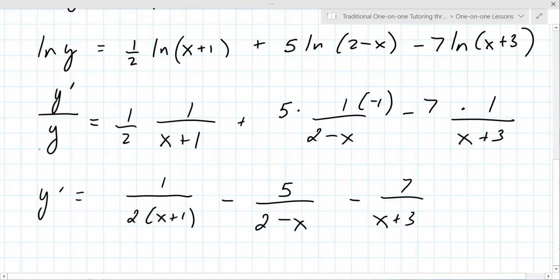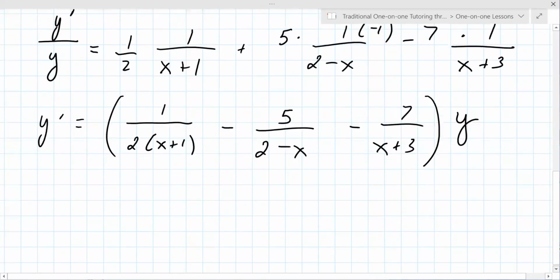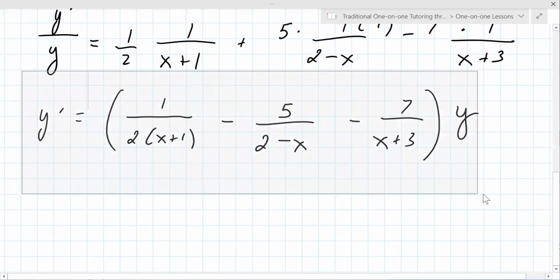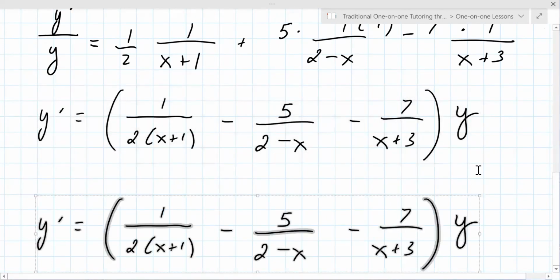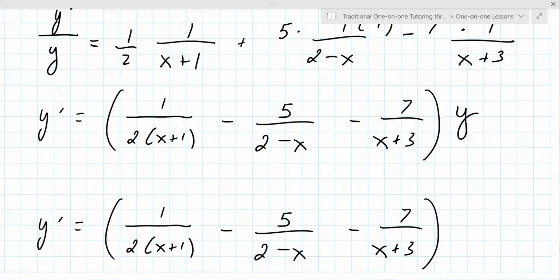Now, see how there's this y on the bottom? Talked about that a lot last night. The y ends up going over here because you multiply both sides by y, but y is that original thing that we did. So it ends up being that original expression, and I'm going to just snip it in because it's a lot to write here.